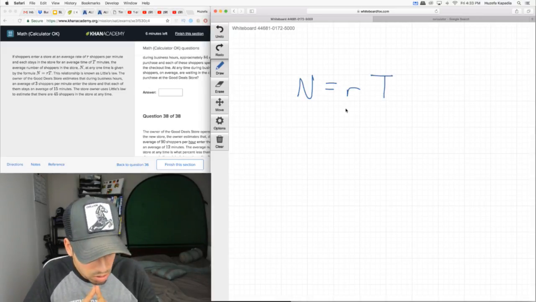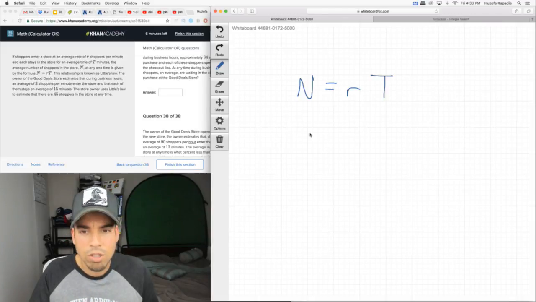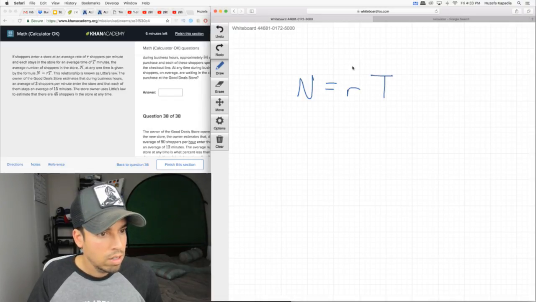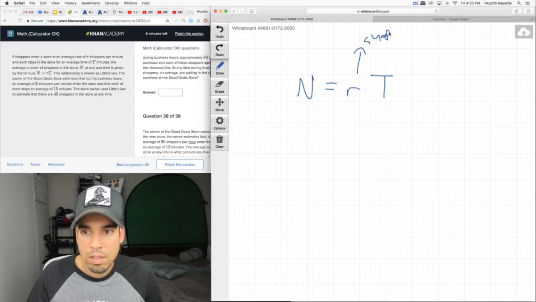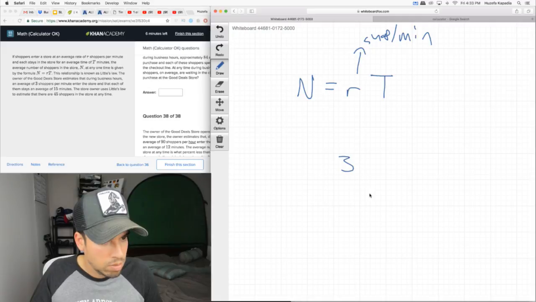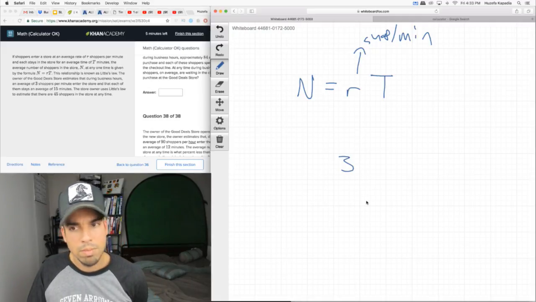The owner of the good deals store estimates that during business hours, an average of 3 shoppers per minute enter the store. Oh, sorry. So R is shoppers per minute. So it's 3, and each of them stays an average of 15 minutes.